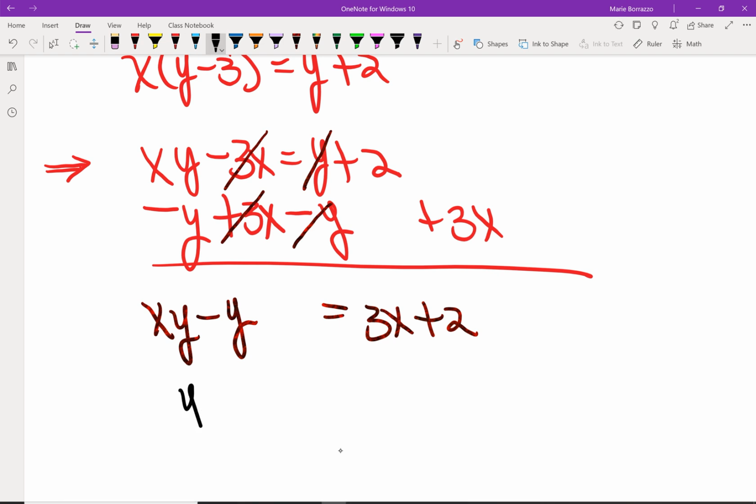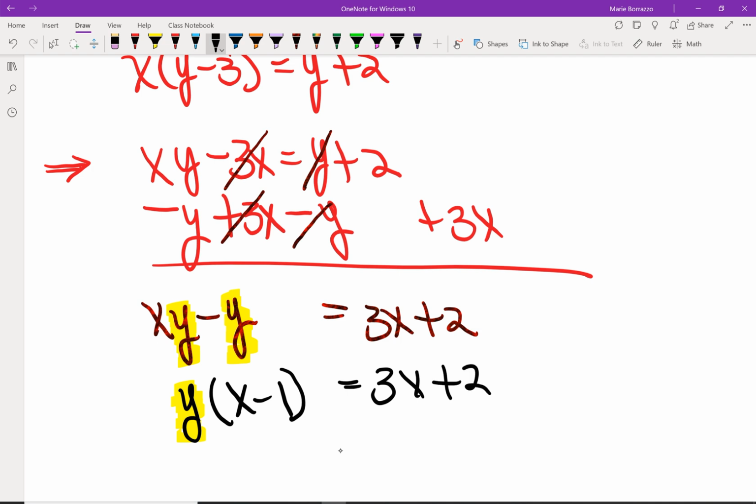If I factor out this y, I'm left with x minus 1. Notice that the y's are present in both terms of this side of the equation. That's why I bring it out as a common term. And this is equal to 3x plus 2. Nothing changes there, just drop it.